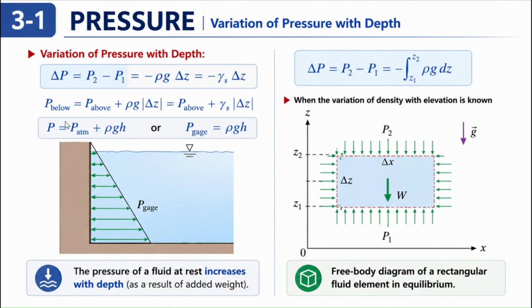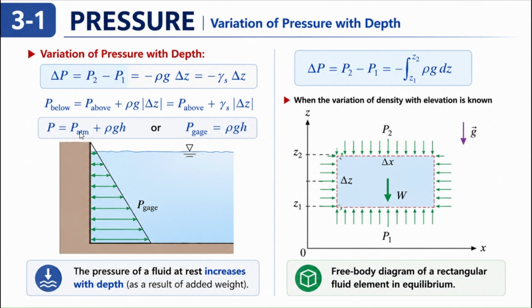For constant density, p well below is equal to p above plus rho g delta z, which is equal to p above plus, you can combine rho and g with specific gravity, so that's the specific gravity symbol over here. So that's another way to look into it. The specific gravity is a very powerful tool for manometer analysis, so this equation has to be studied well.